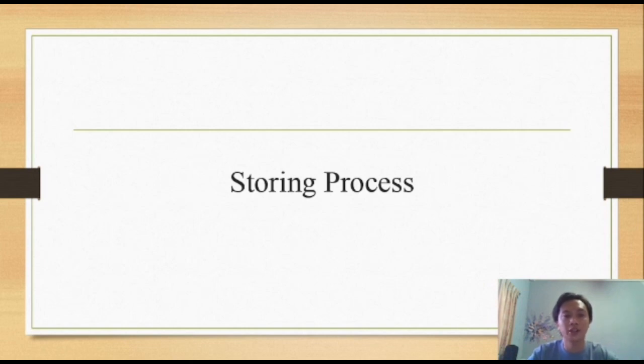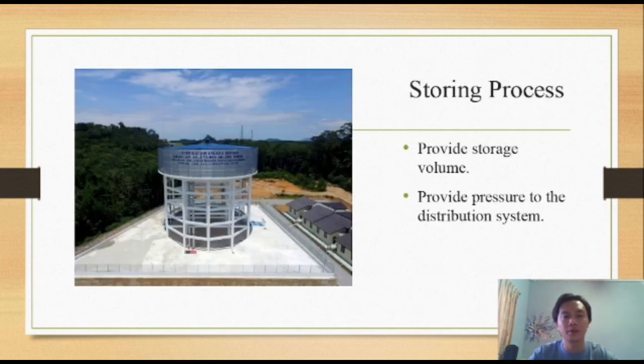Today, I will explain about the storing and distribution process in a water treatment plant. Tanks for storing potable water are critical to the efficient operation of any water distribution system. One purpose is to provide storage volume, and the other purpose is to provide pressure to the distribution system.